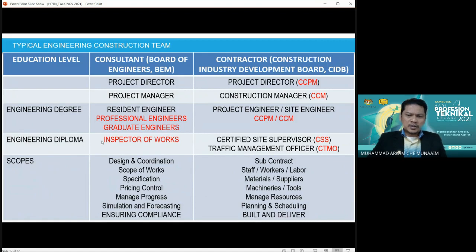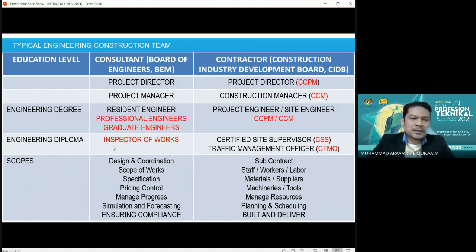So they become a witness of the testing. Now they know that this complies because they know the specification that requires them to monitor. So the engineering diploma holder from the consultant's point of view, actually we are dealing with this inspector of works to inspect the work throughout the process of the construction activities.